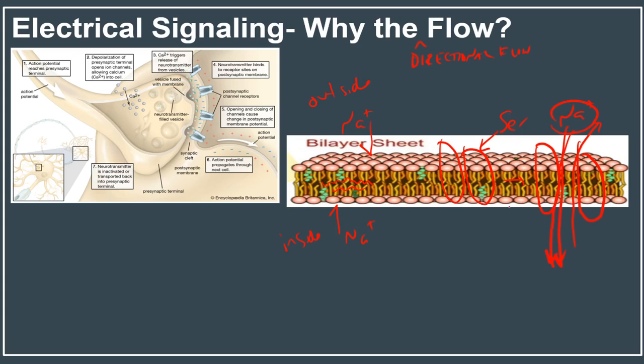If I asked you to pause this and think about why that might be, you would come up with things that are reasonable. And there's a real answer to one of these things. One of the things you might say is that these proteins are somehow only allowing unidirectional flow.